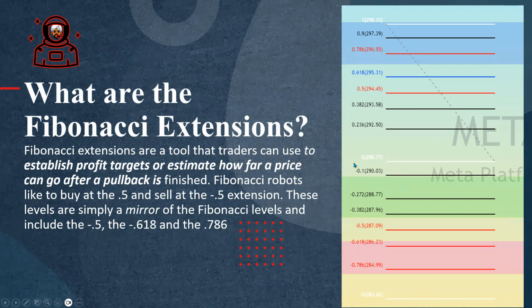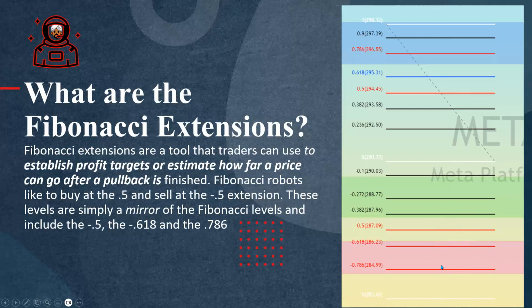What the Fibonacci robots like to do is they like to ideally grab their positions at one of these levels up here, right? And at this point, price hasn't made it down here yet, right? It has not made it down here, but they want to sell it at one of these extensions, right?